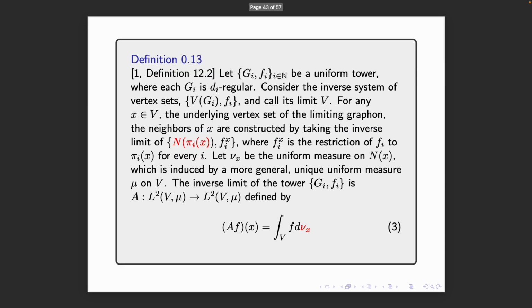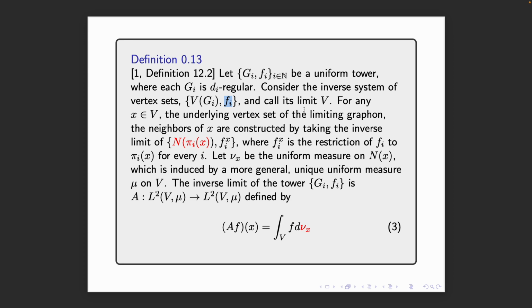So the key result regarding these uniform towers, and this is just the definition of the limit object of a uniform tower: if you have a sequence of d-regular graphs, you construct the inverse limit of the vertex sets using the AB uniform maps as homomorphisms. So now you're going to pick a point in this limiting vertex set, and you want to construct its neighborhood.